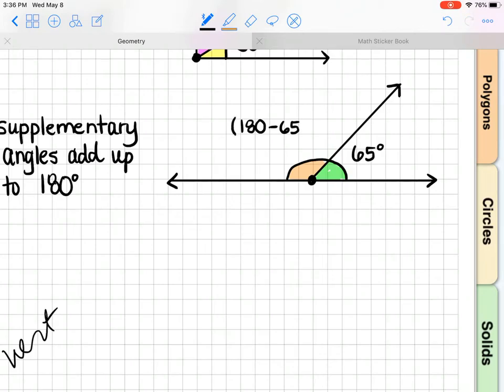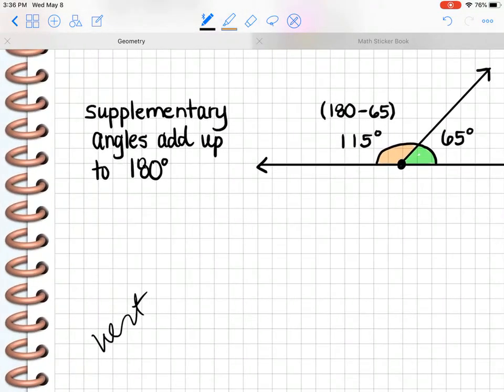You can definitely do this on a calculator, or you can do it in your head. 115 degrees for the supplement of 65. So we would say that 65 degrees and 115 degrees are supplementary.